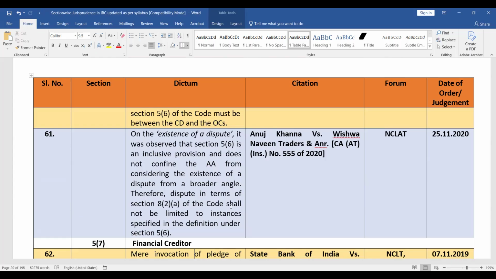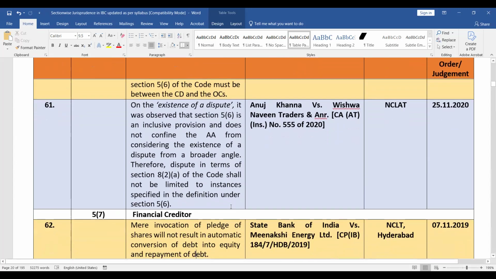Therefore, dispute in terms of section 8 to 9 of the code shall not be limited to instances specified in the definition section 5 subsection 6. Section 5 subsection 6 में हमने पढ़ा definition of dispute, क्या पढ़ा उसमें? तीन बातें, क्या क्या लिखी? रिप्रेजेंटेशन ऑफ वारंटी, डिस्प्यूट रिगार्डिंग द एग्जिस्टेंस ऑफ अमाउंट ऑफ डेट, है ना? तो वो तीन बातें उसमें लिखी हुई हैं. वो ही कहता है कि इसके अलावा भी चीजें हो सकती हैं, because it's an inclusive definition.